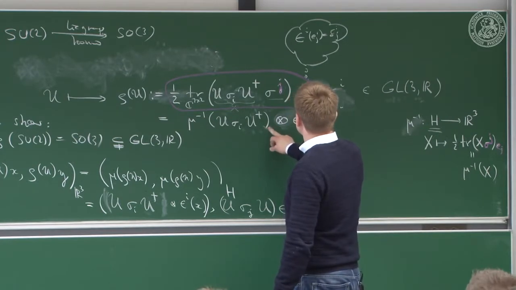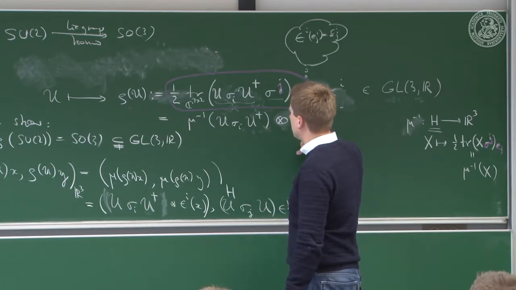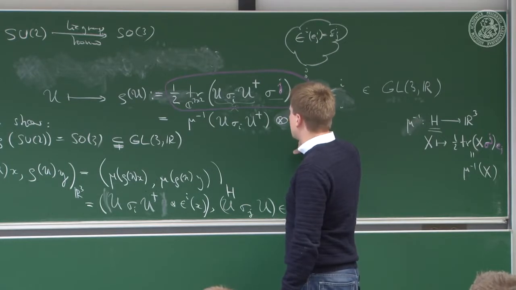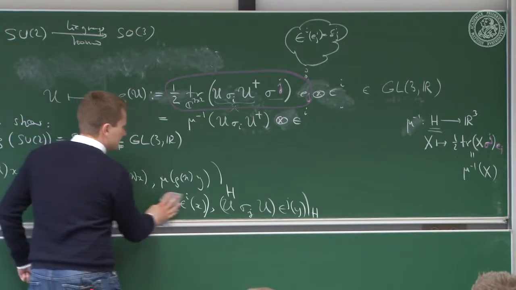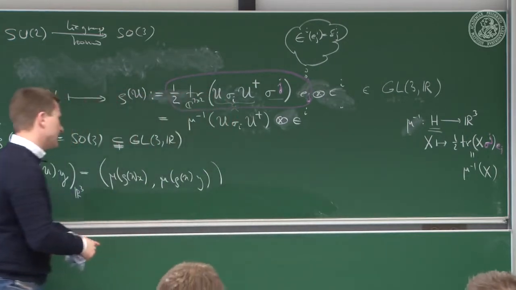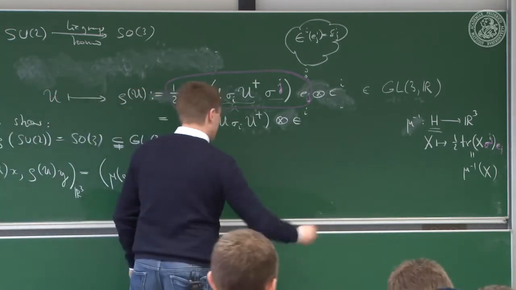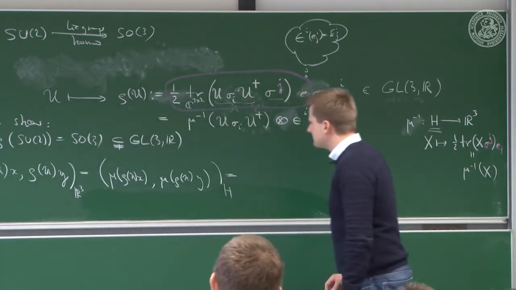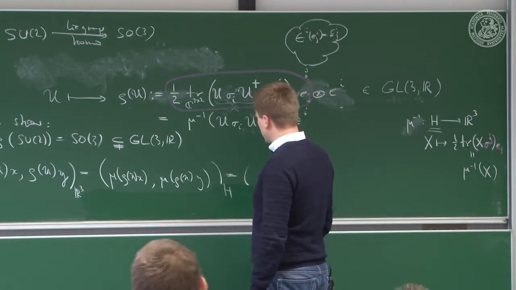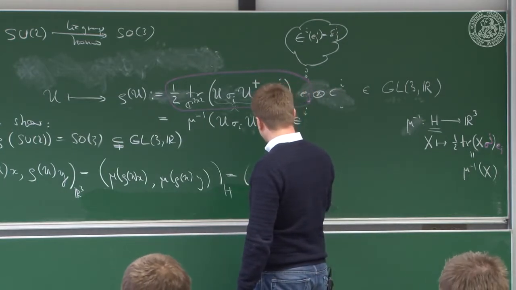Now this is this map here. Aha, yeah, but it's simple. Okay, you're right. So, okay, let's do it properly, but it all seems to be fine. So this is again the H inner product. And so now for your peace of mind, I write it out.